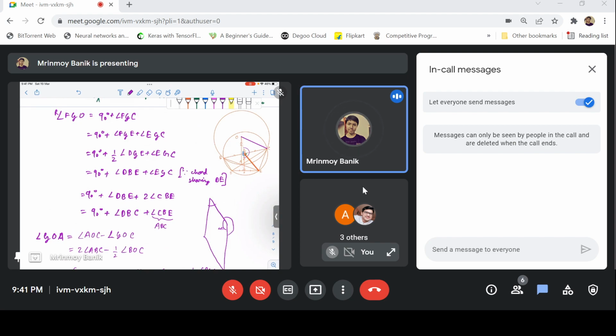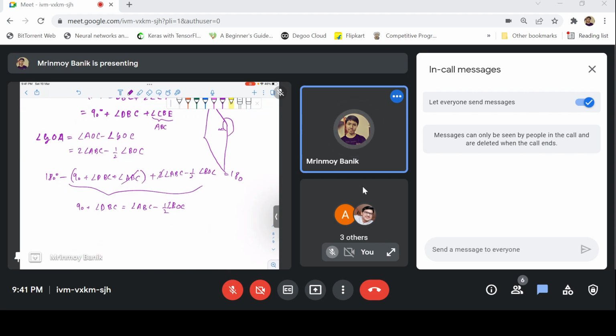So BOC and DBC. Is also 90 degrees at the top, DBC.